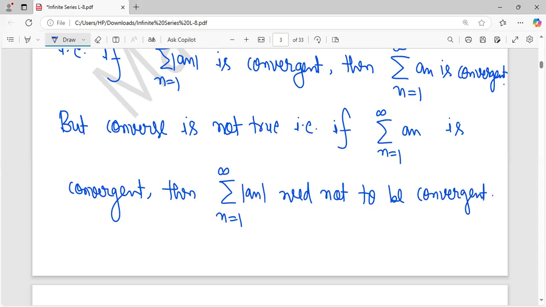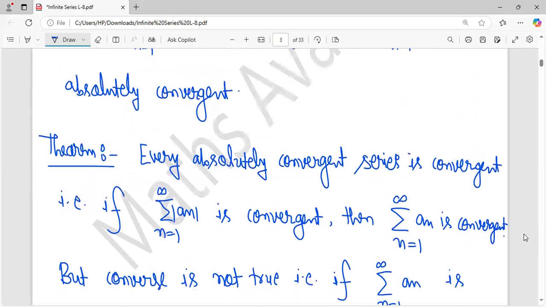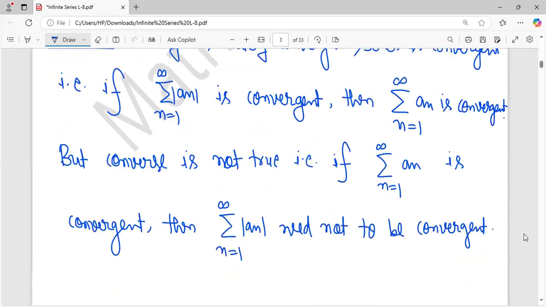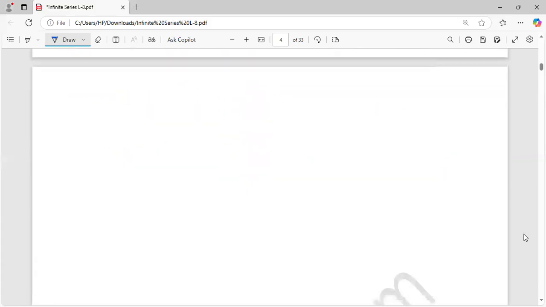Let's see its proof. We have: if a series is absolutely convergent, then the series is convergent. But the converse is not true. It means there can be a series which is convergent, but its absolute value series is not convergent.